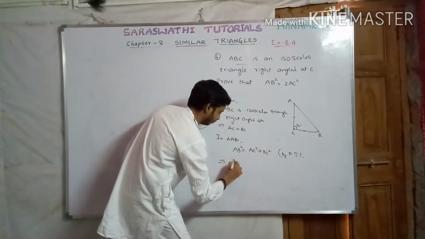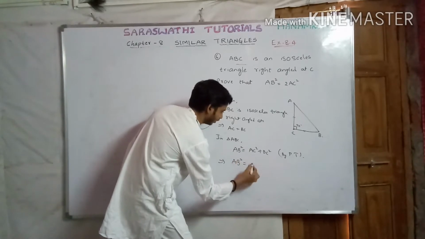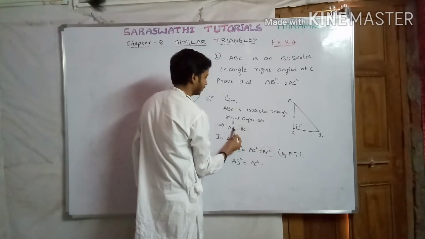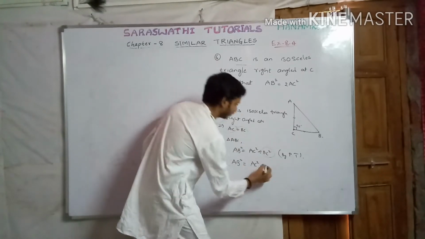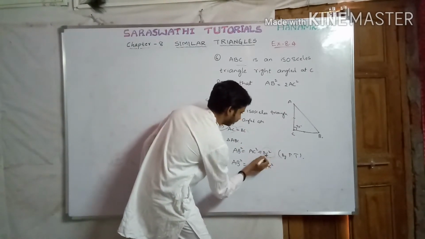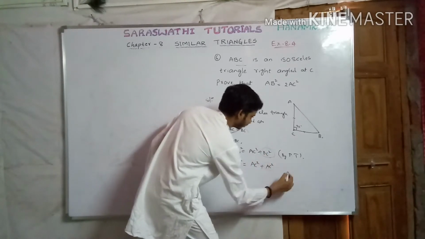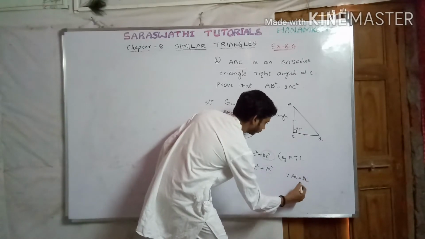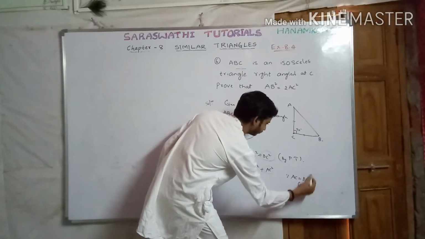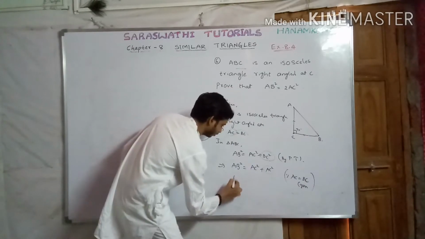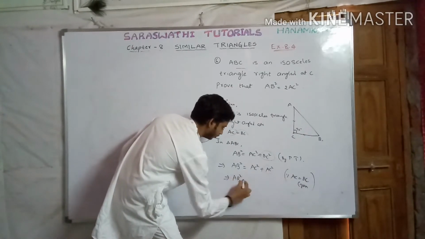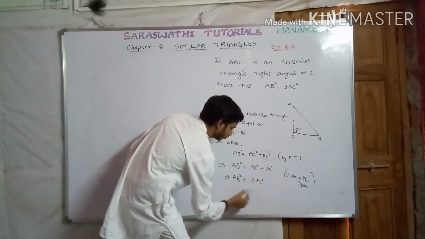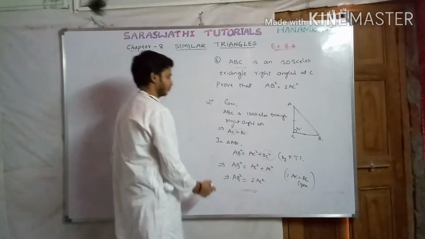Again, this BC square can be written as AC square, since AC equal to BC from the given data. So it implies AB square equal to AC square plus AC square, which is 2AC square. Okay, so this is the required proof. So hence proved.